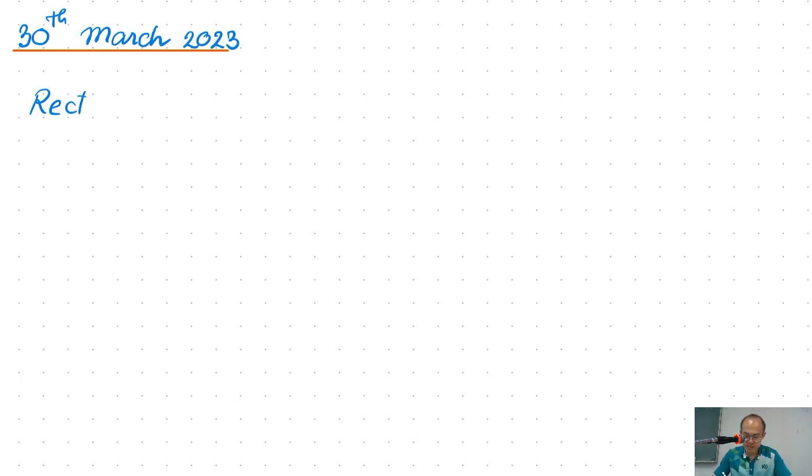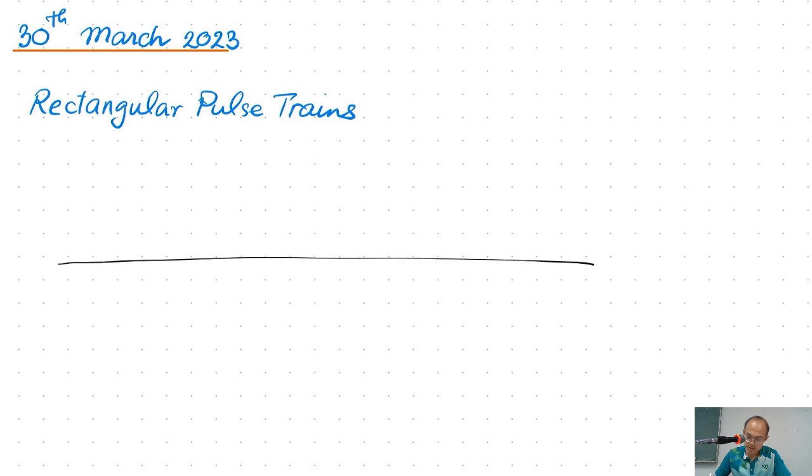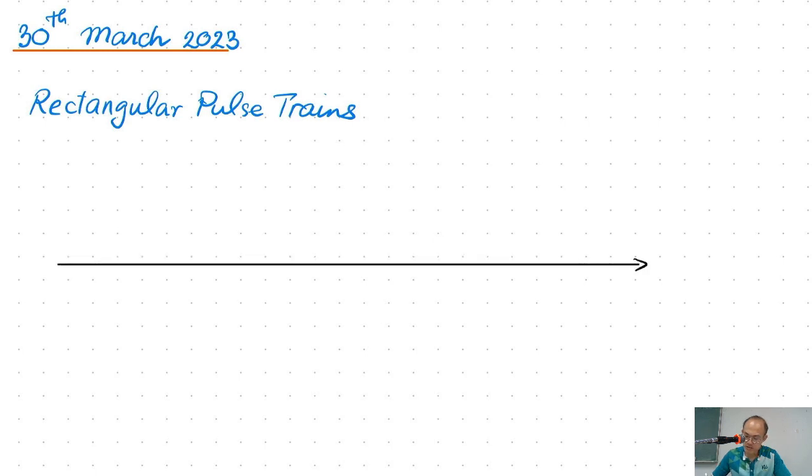So last time we did the rectangular pulse train. The rectangular pulse train is a train of rectangular pulses, and it is symmetric about the y-axis.